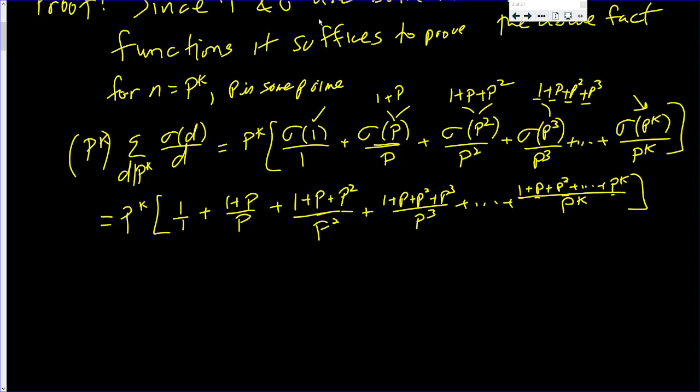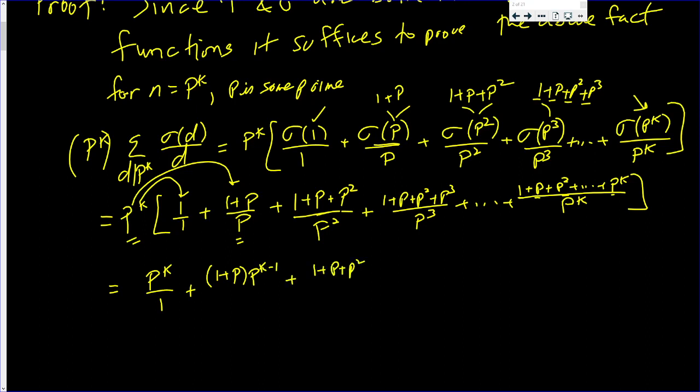Let's distribute the p to the k. So now we get p to the k, say, over 1. I'm going to keep the 1 plus p, but p to the k over p is p to the k minus 1, plus 1 plus p squared.